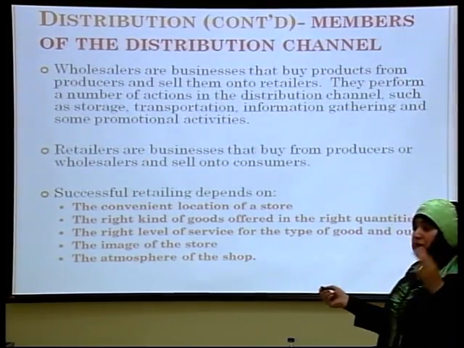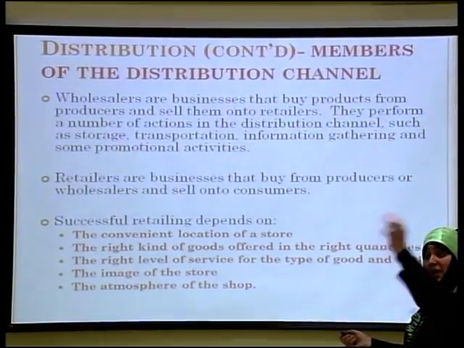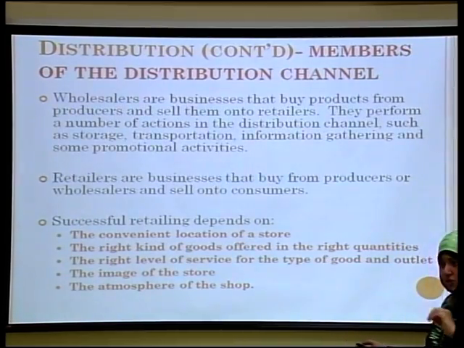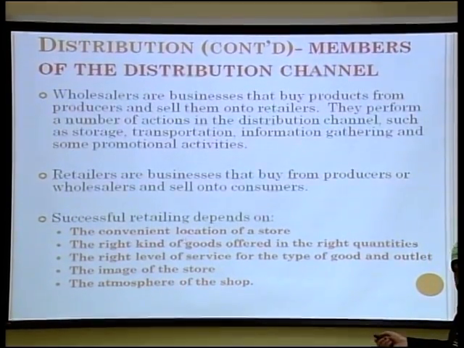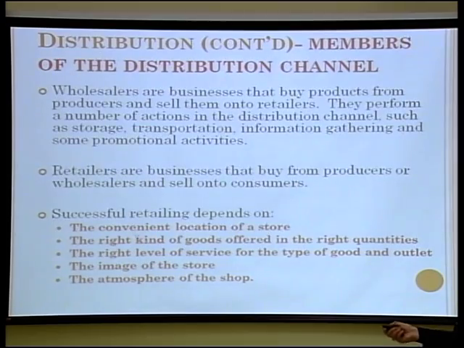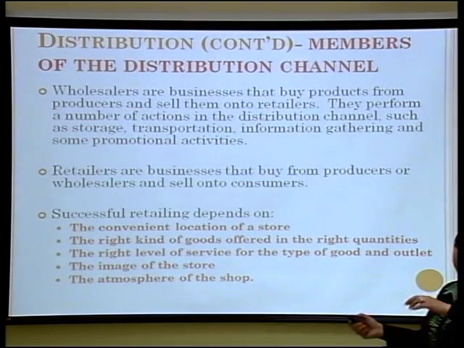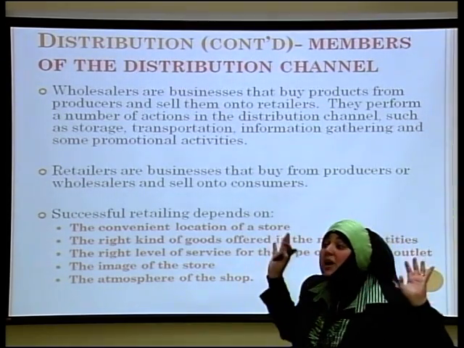So when you as a marketer decide to have a retailer in your distribution channel, make sure that this retailer has a convenient location. Make sure that this retailer is able to offer the right kind of product with the right quantity, the right level of service for the type of good and outlet service. Sometimes when you go to Metro or Alpha, you need some guidance.